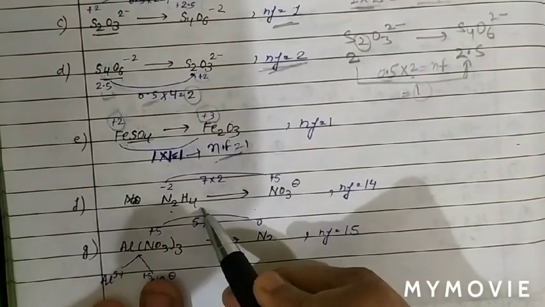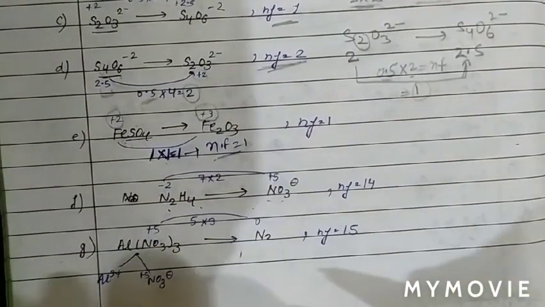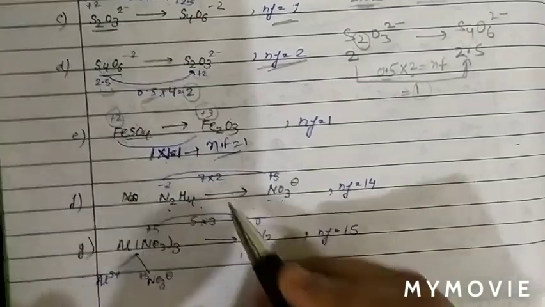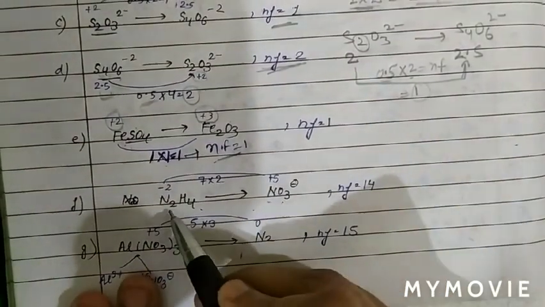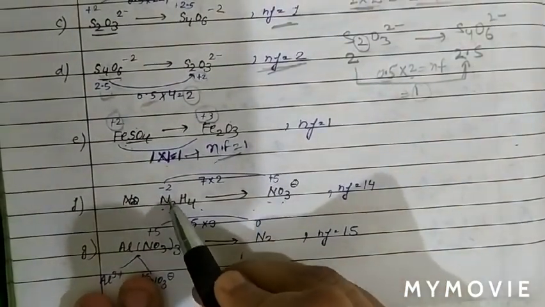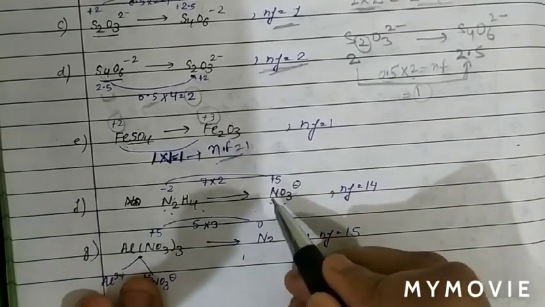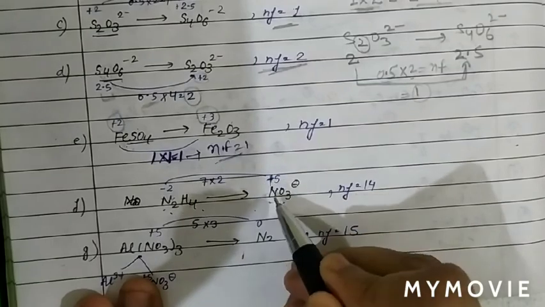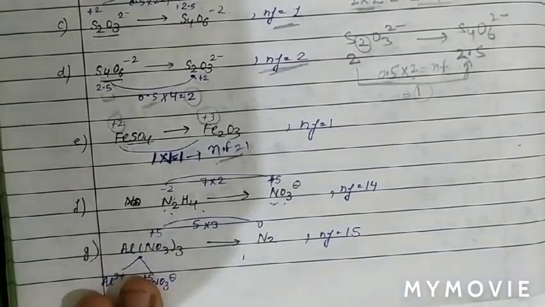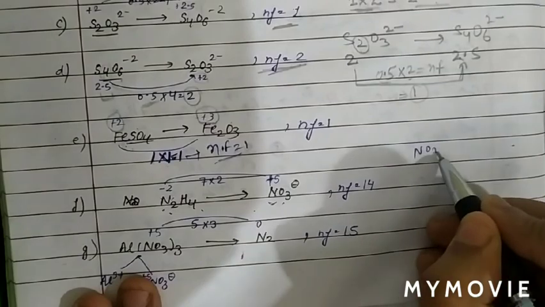In this case the oxidation state of nitrogen is given by 2x plus 4 equal to 0, so x equal to -2. And in NO3-, the oxidation state of nitrogen is +5: x minus 6 equal to -1, so x equal to +5.